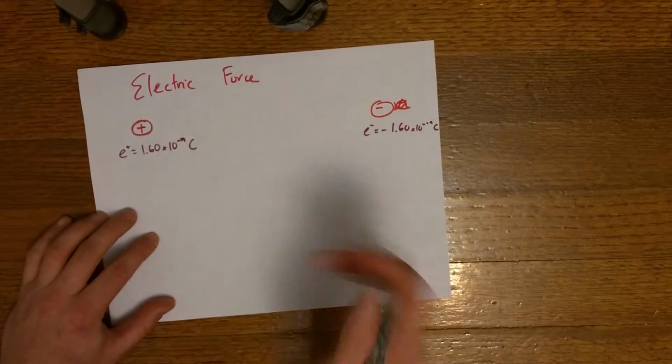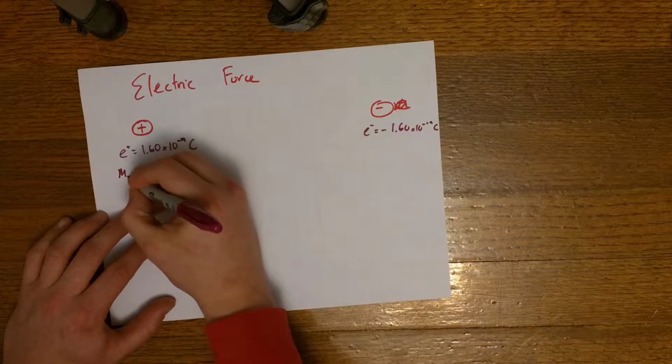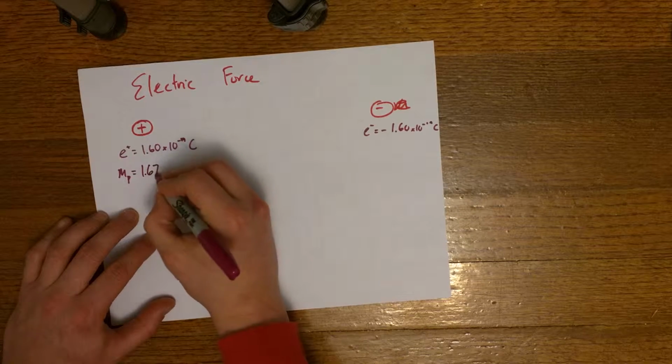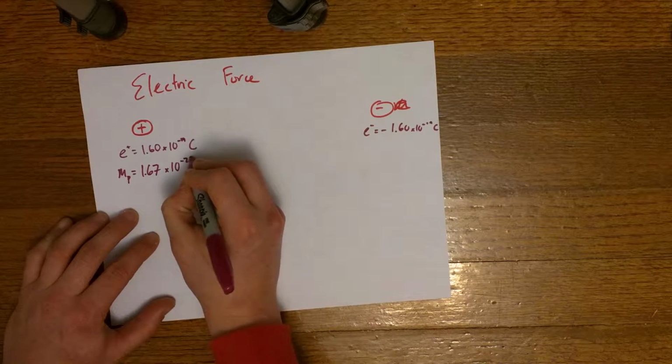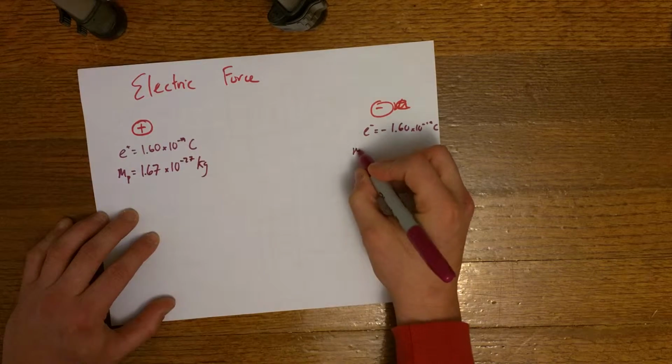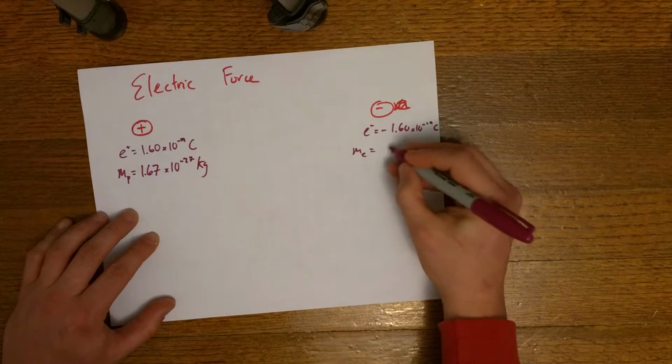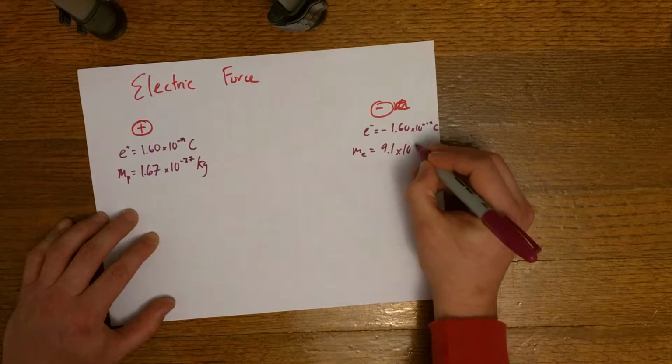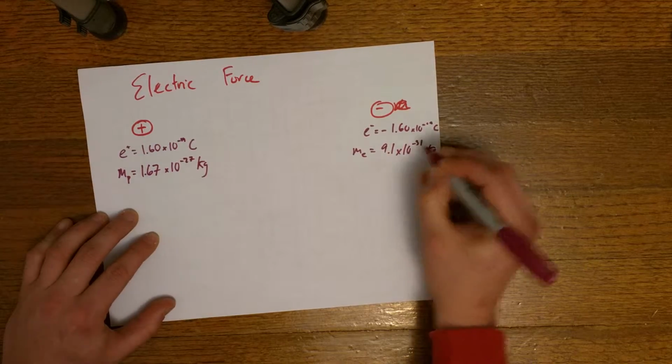Okay. What about the mass of both of these? Well, the mass of a proton is 1.67 times 10 to the negative 27th kilograms, while the mass of an electron is 9.1 times 10 to the negative 31st kilograms.